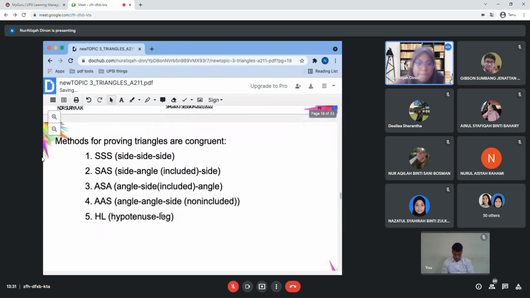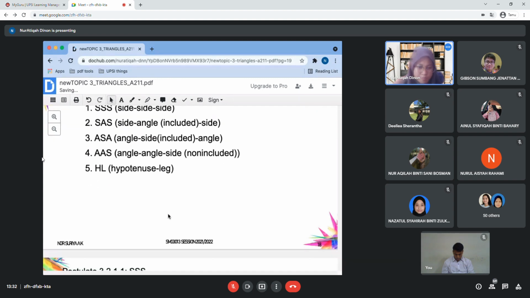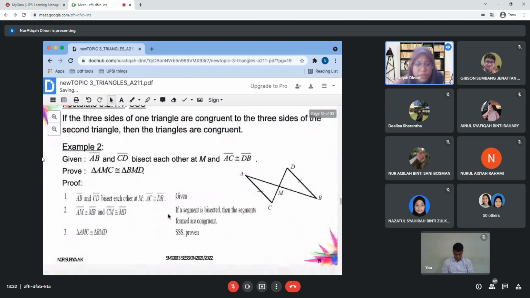Okay, this is just a method to prove triangles are congruent, of which there are five: side, side, side; side, angle, side, included; angle, side, angle; angle, angle, side, non-included; and HL, hypotenuse leg. We will go through these next week.